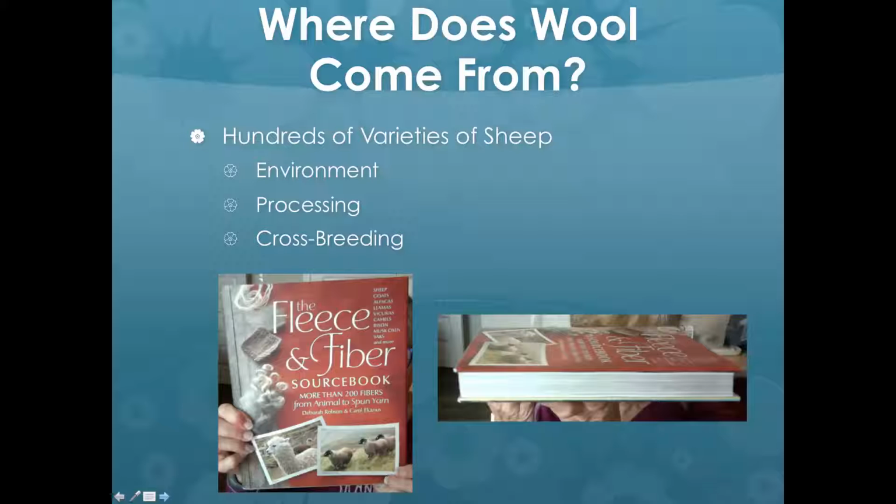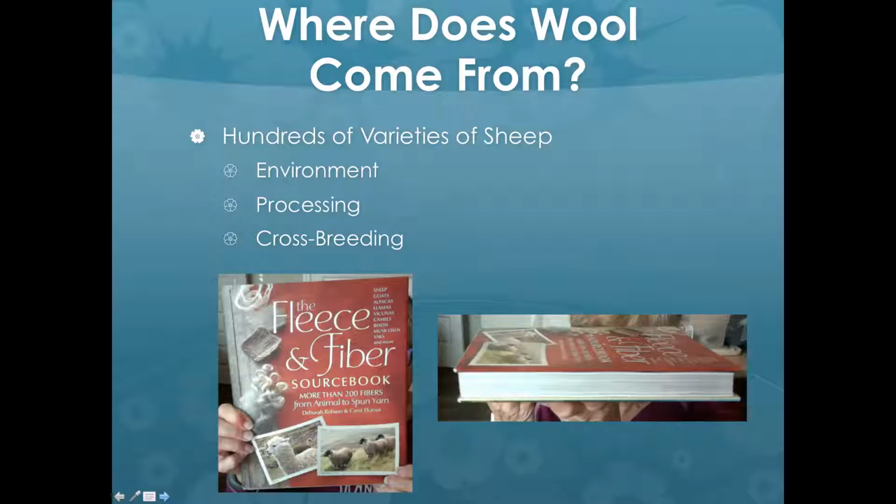You may say, I have a wool allergy. Very, very few people have a true wool allergy. What you have is a wool sensitivity. That could be because of the variety of sheep. A Shetland sheep is not good next to the skin. It's going to make you itch, whereas a merino is bred to be a little more skin friendly.